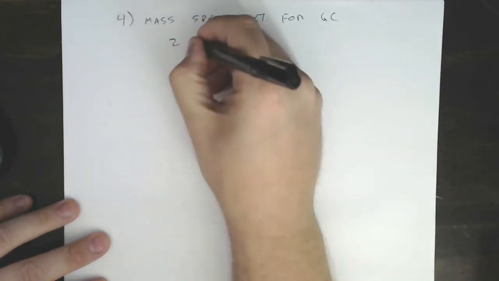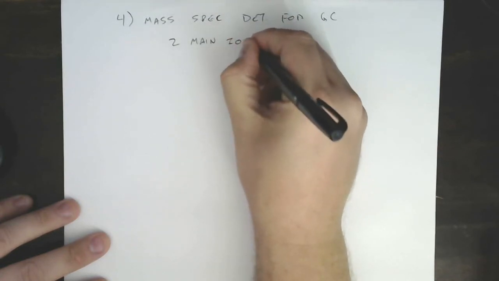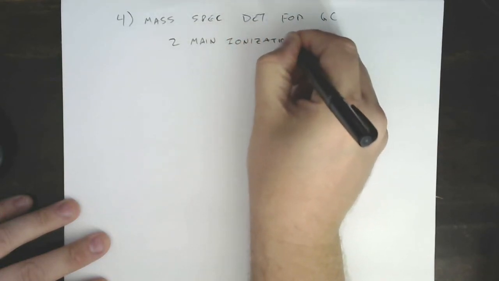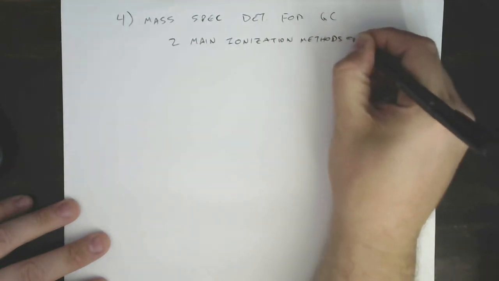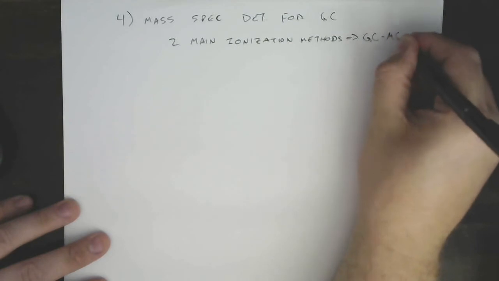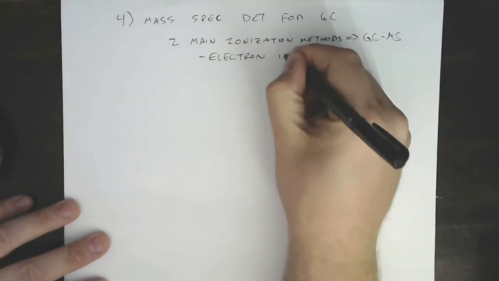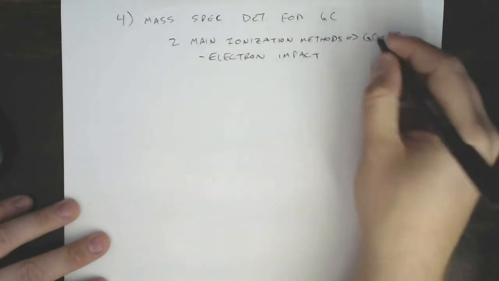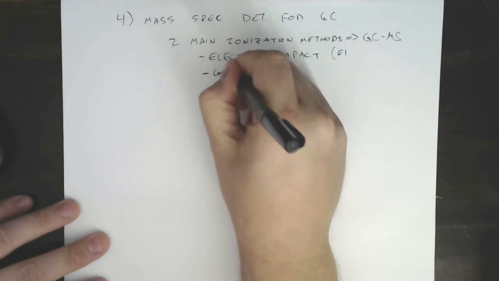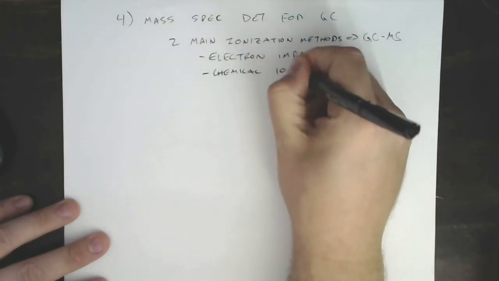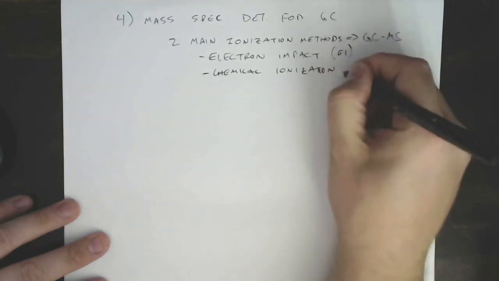So there are two main ionization methods, they're not the only ones, but there's two main ionization methods for GC MS, and they are electron impact ionization, which is abbreviated EI, and chemical ionization. So EI and CI.